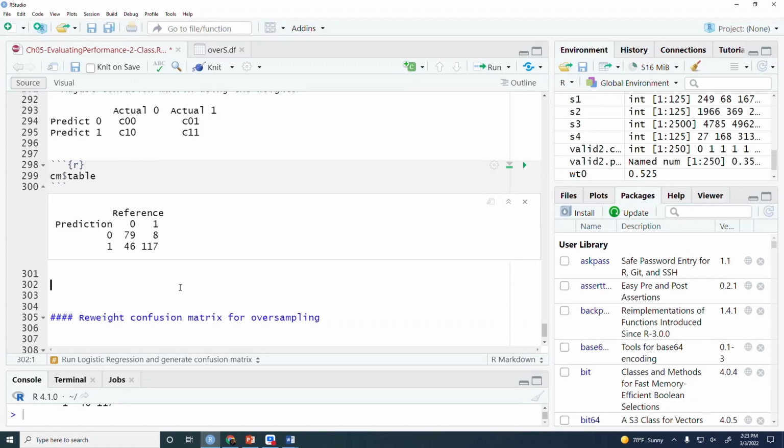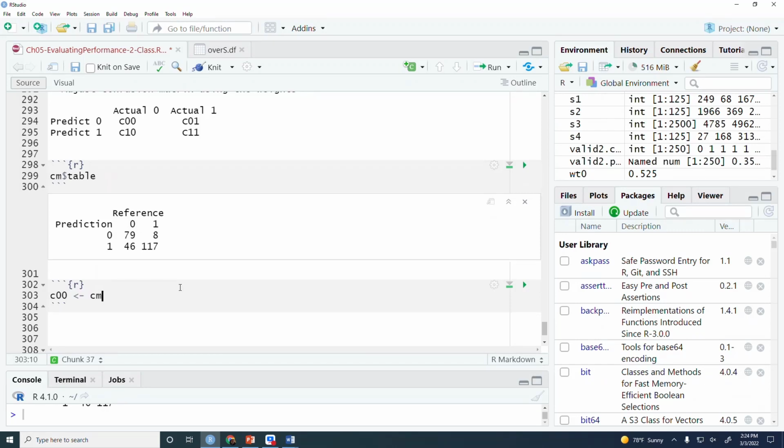So let's get these values out of that table. We'll call it C00. The first number is the actual, the second one is the prediction. So C00 means actual is 0, prediction is 0 as well.